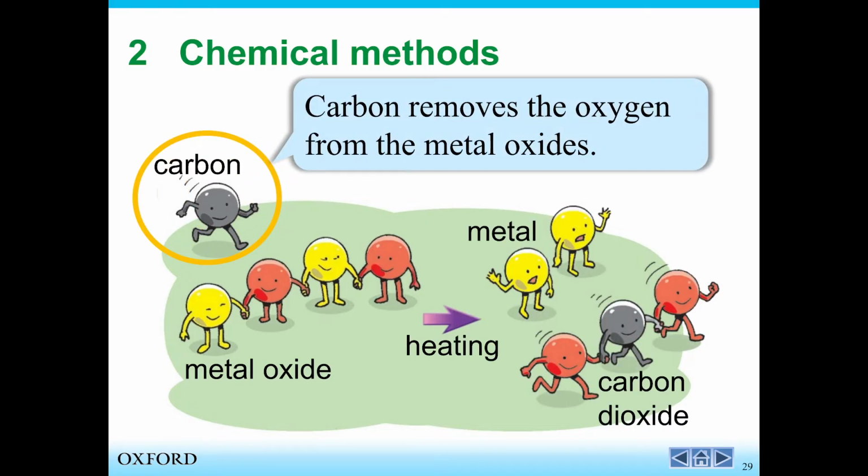What happens is, when you are heating them up, the carbon steals away the oxygen. The carbon here removes the oxygen from the metal. So you have the copper left behind. In other words, you have copper extracted, and the carbon joins together with the oxygen.